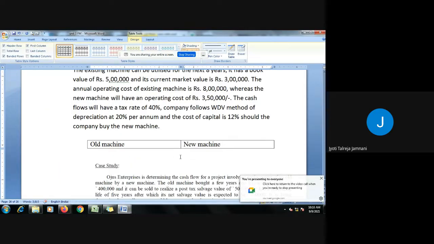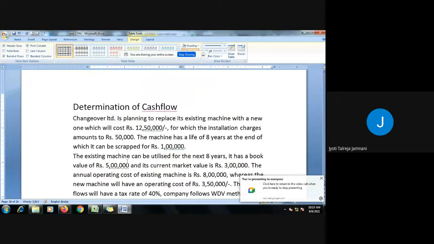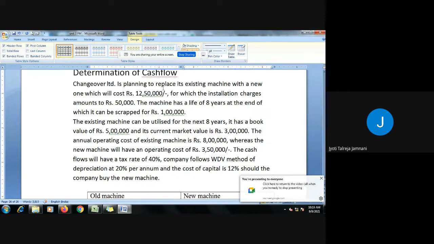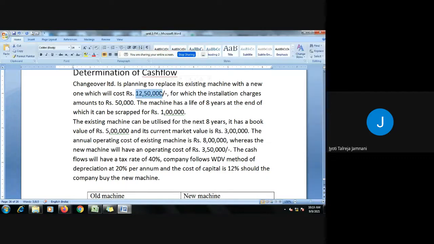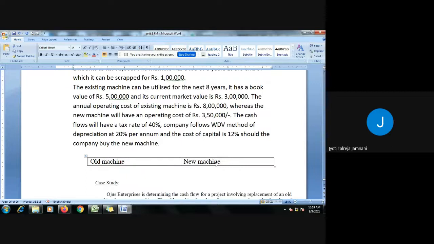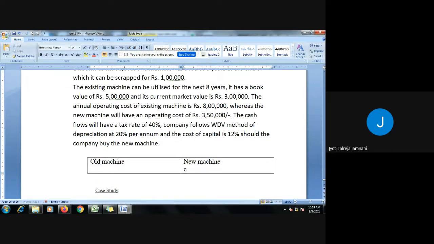So how do we calculate? Write down first what all is given, one below the other. So first line, Changeover Limited is planning to replace its existing machine with a new machine which will cost rupees 12,50,000. So cost of the new machine is 12,50,000.